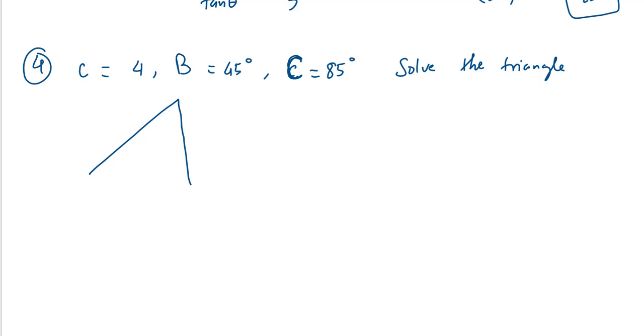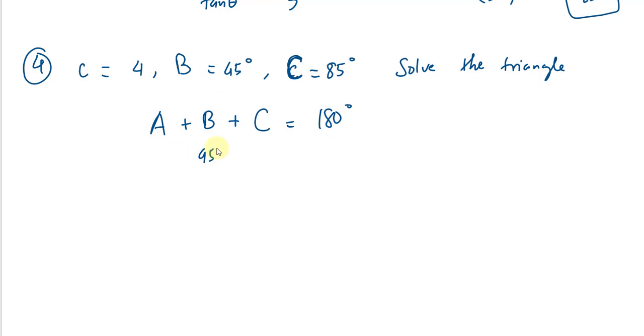Let's just imagine the triangle has three angles, labeled A, B, C. We know B, we know C. Then we can find A, because A plus B plus C, all the angles inside the triangle, has to be 180 degrees, right?